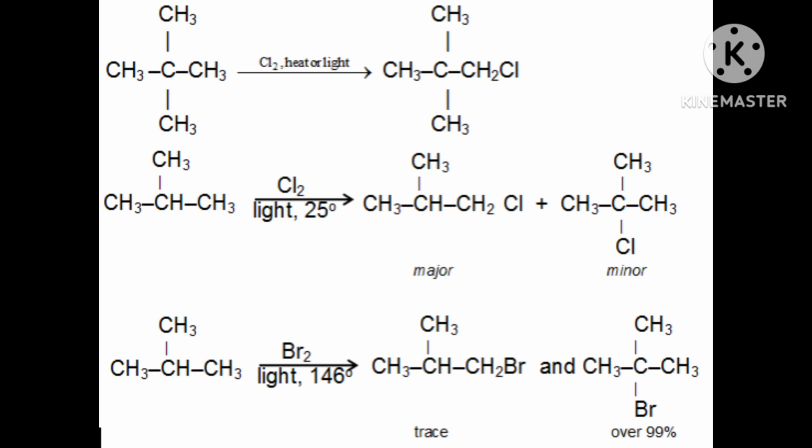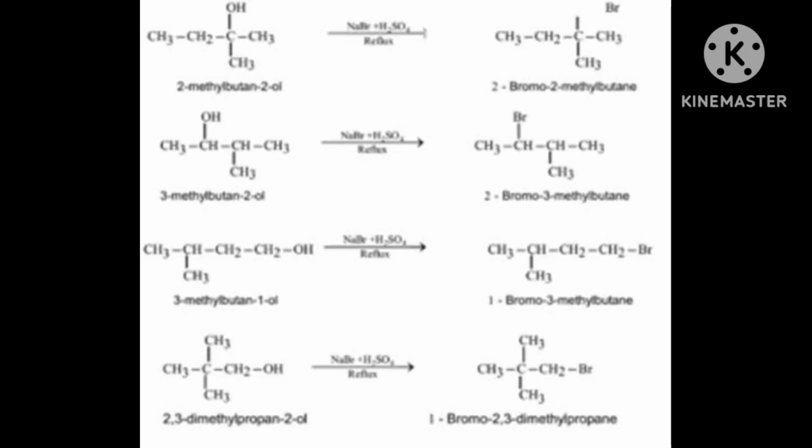And for iodine, if you want iodobenzene, suppose you want iodine attached there, at that time this cuprous halide is not required. It is done simply by shaking the diazonium salt with potassium iodide.